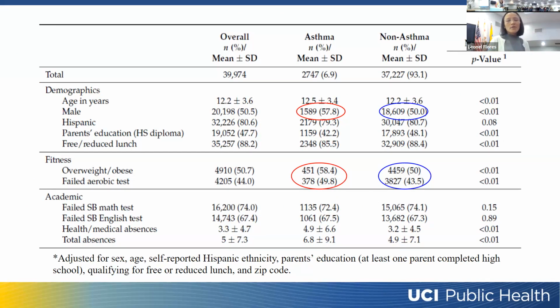And then they also have a higher rate of failing the aerobic test, their fitness test. Next. So, children with asthma, as expected, have more medical absences from school, and also a greater total number of absence days at school. So that's all expected for children with asthma.